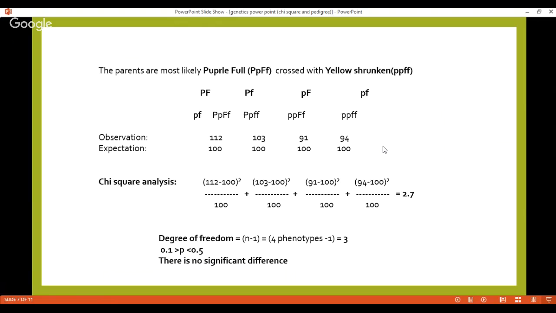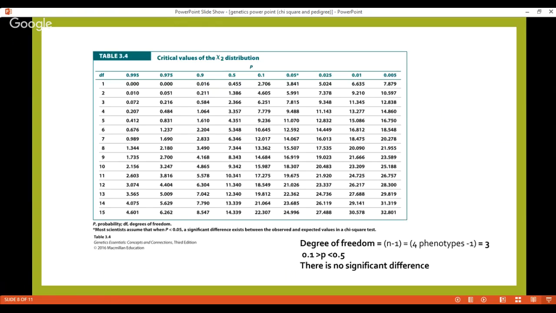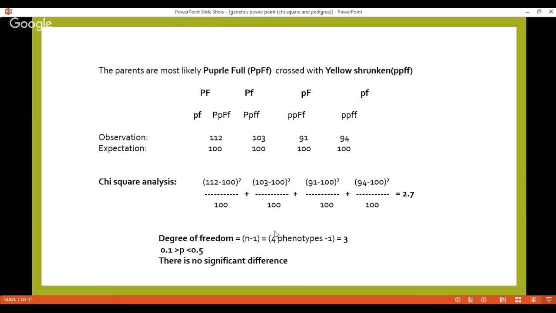Expected is 100 of each. So if you do the analysis for each individual color, our value is 2.7. If we go back, the degree of freedom is going to be purple full, purple shrunken, yellow full, yellow shrunken. So 4 minus 1 is 3.